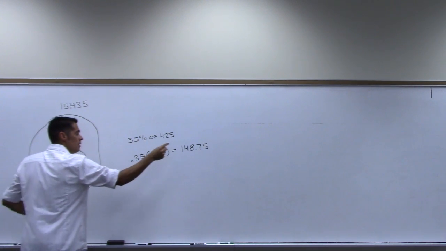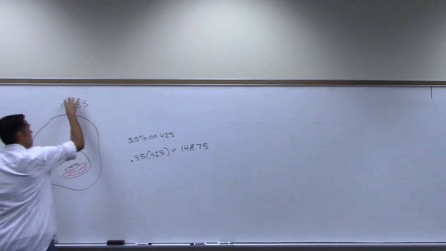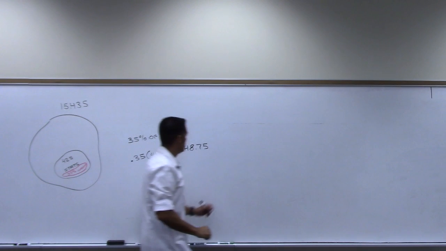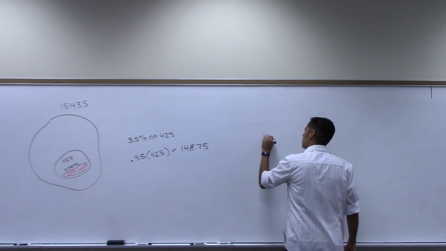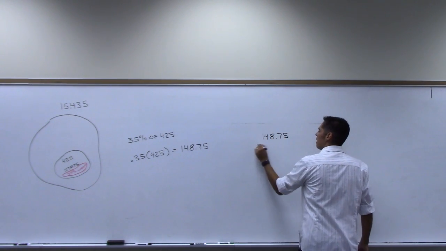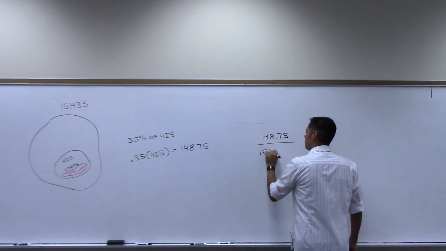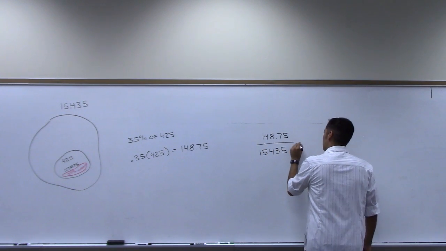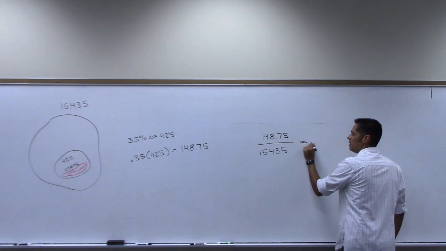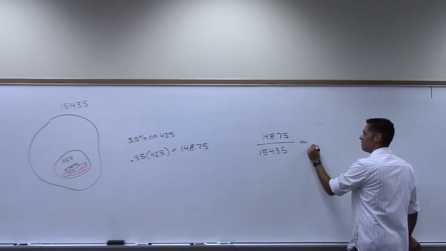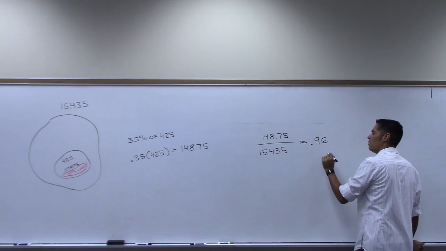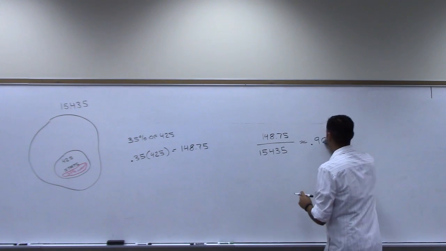So you want this divided by this to give you your percentage. So you're going to take 148.75 and divide it by the 15,435. And it came out to be approximately, what was it, 0.96? Or no, 0.0096, wasn't it?